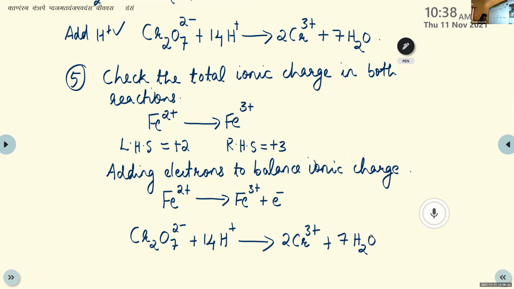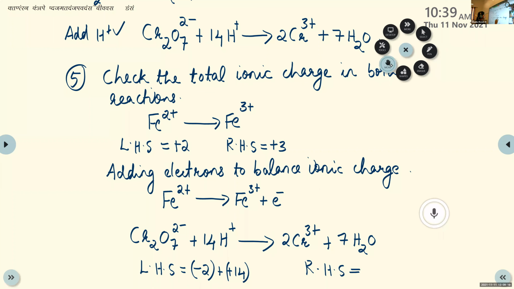So you tell me, what about the total ionic charge on the left hand side and right hand side? What about the charge of Cr2O7? -2. Yeah, it's -2. Plus, here there are 14 hydrogen atoms and there is a positive charge. So, +14, right? That's the total ionic charge on the left hand side.